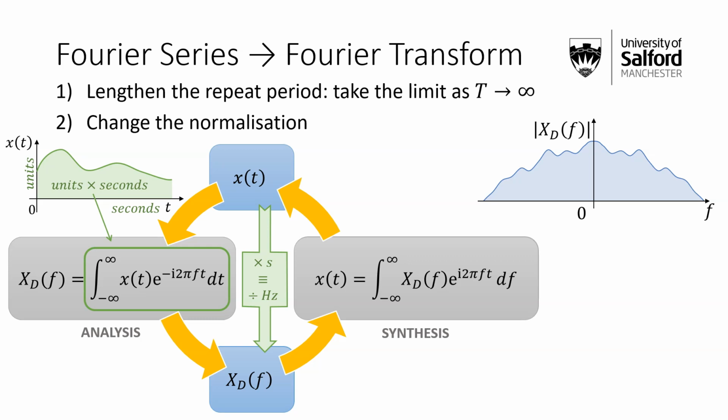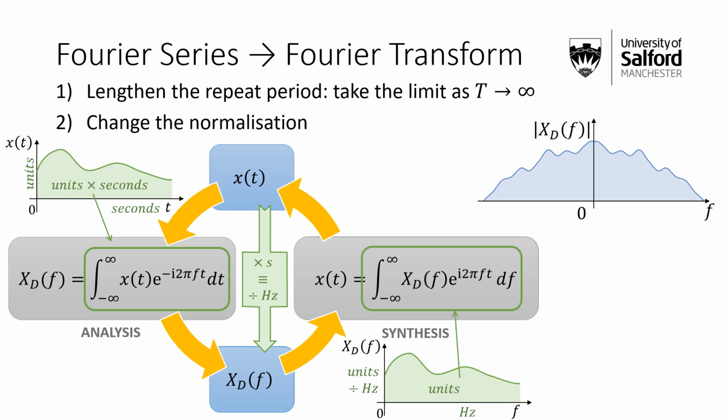That will turn out to be the way that we talk about it. We will say that it is a density, a quantity per hertz. It is, of course, a function of frequency, so that's the logical thing to say. And this works with the synthesis integral going back again, because now what we want is that this integral, the area under this graph, has the units matching x.